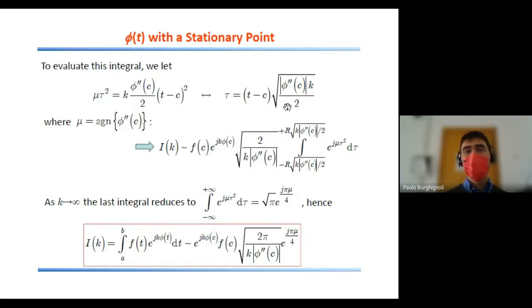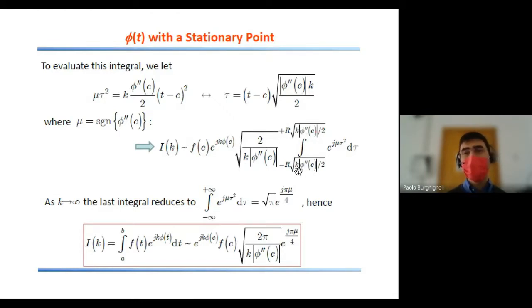If we do this rescaling of the integration variable, we get this new form of the integral in which some terms have been taken outside the integral, including this square root that contains the large parameter k. The large parameter k is also contained in the new integration limits.